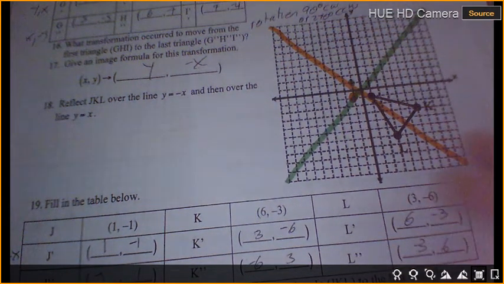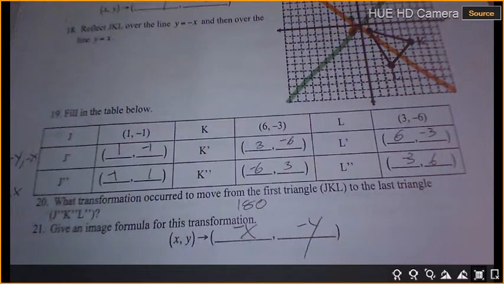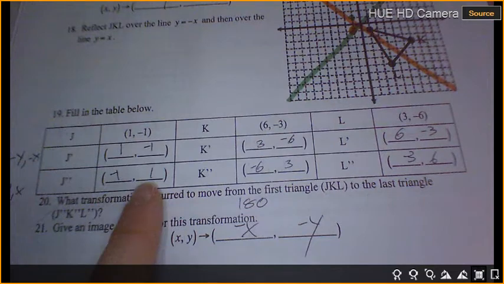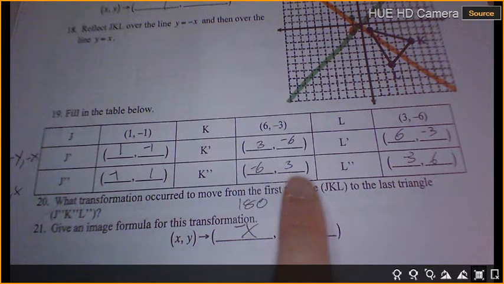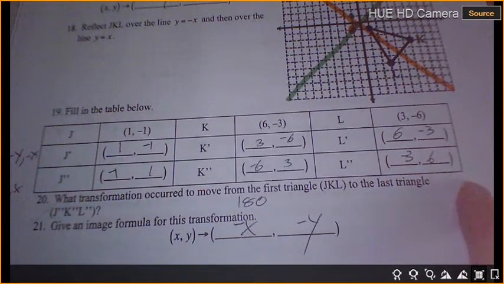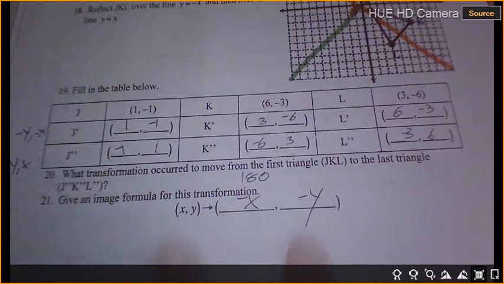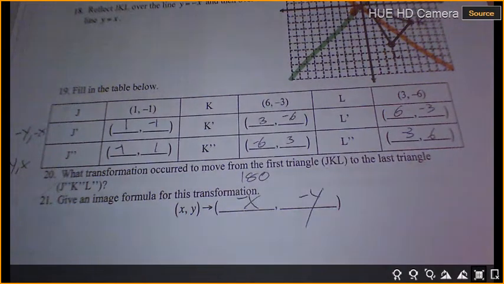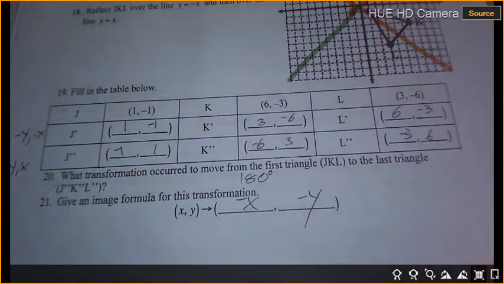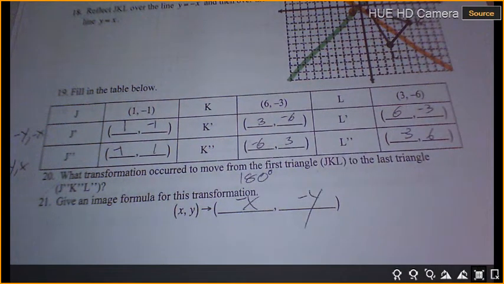I'm not going to graph them right now. If you want me to, I will. And then over y equals x, I get negative 1, 1, negative 6, 3, negative 3, 6. It's a 180-degree rotation. And 180 degrees doesn't matter which way you go, counterclockwise or clockwise, you get the same results. And it should be negative x, negative y.